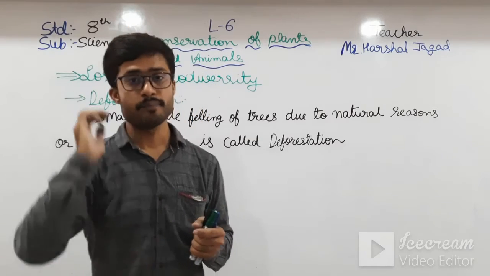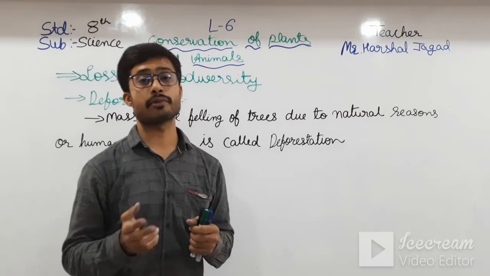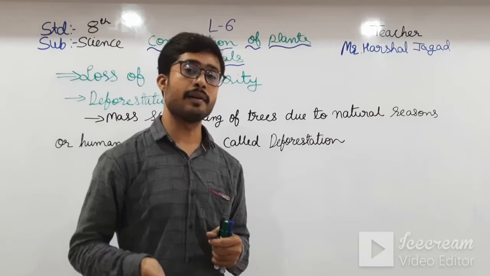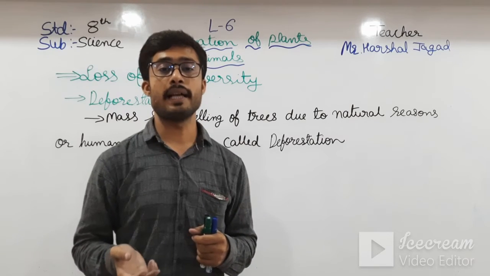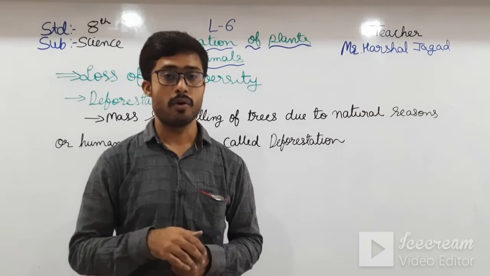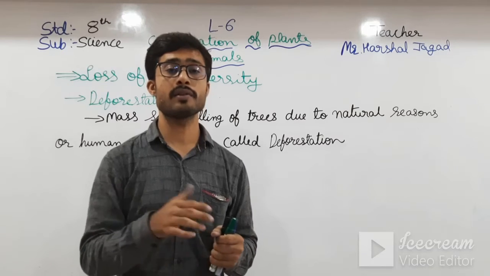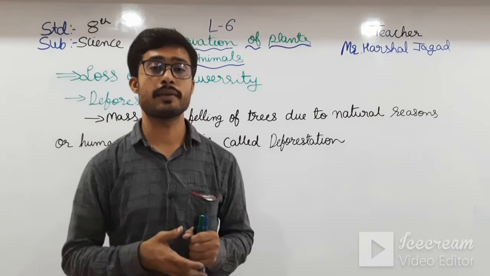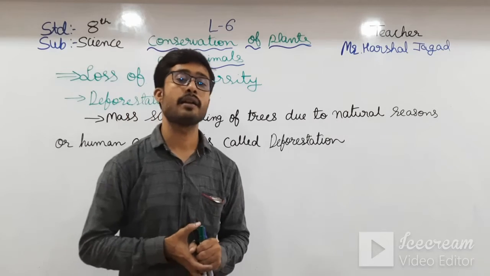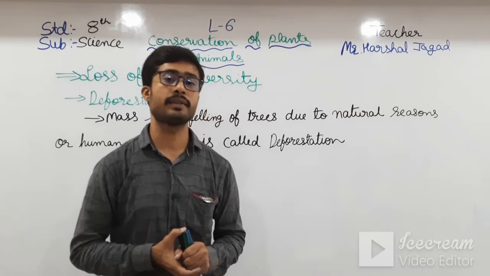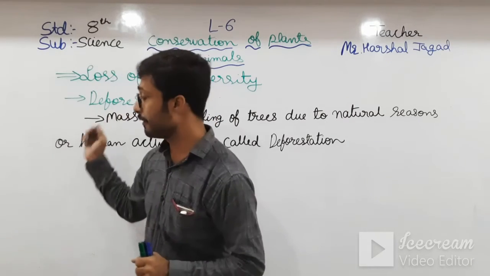Okay, students, and we are also destroying the homes of animals and birds, because we cut down the trees and destroy their homes. So these are some of the points of deforestation.